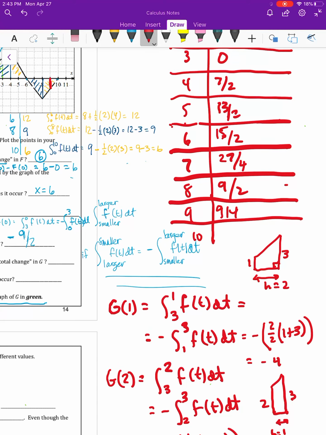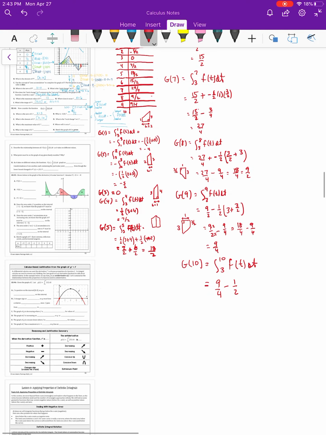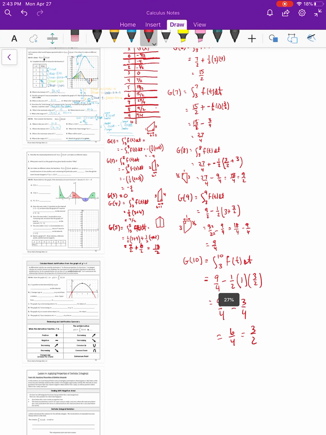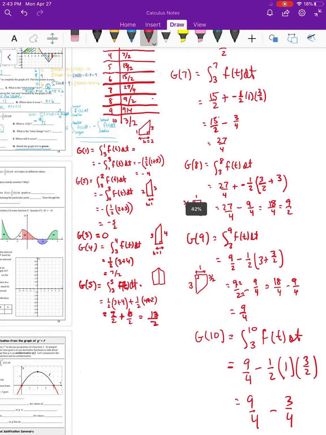And from 9 to 10, it's going to be a 1 by 3 halves, so 1/2 times 1 times 3 halves. So 9/4 minus 3/4 is going to be 6/4, which is 3/2. So at 10, we have 3/2.